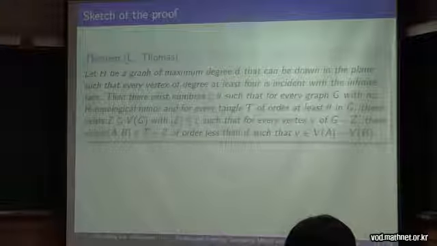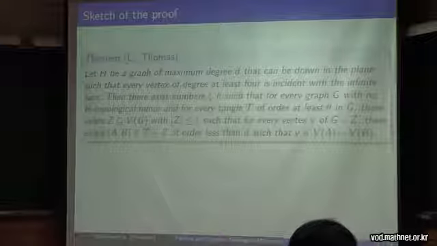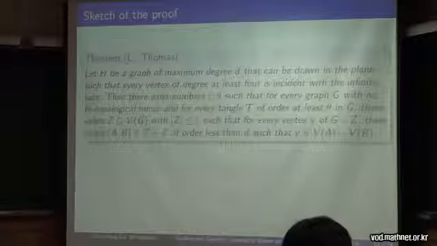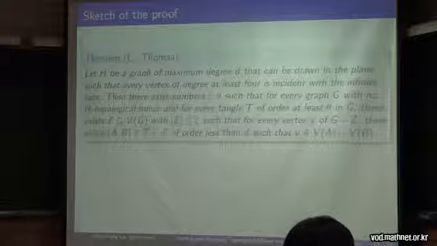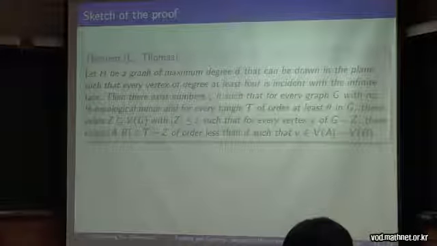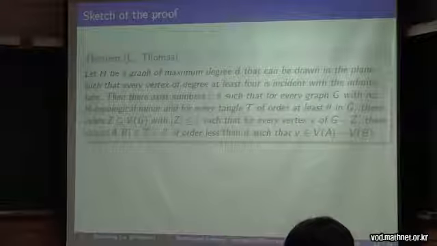So assume H is a graph that can be drawn in the plane such that all vertices have degree at least 4. If I have such a graph H, then I have some constants such that for any graph G with no such graph as a topological minor, for every tangle of large order, I can delete a bounded number of vertices, Z, such that for every remaining vertex, I can find a separation in the tangle such that this vertex is in the non-important side of the separation.